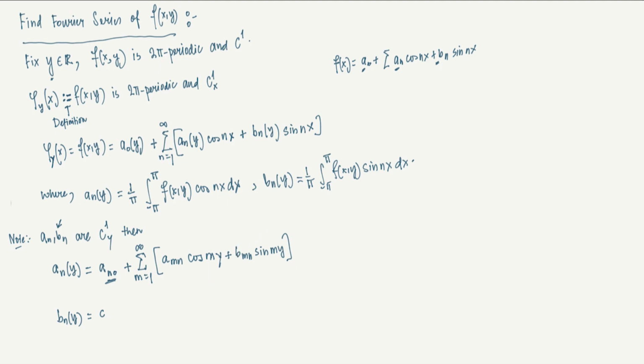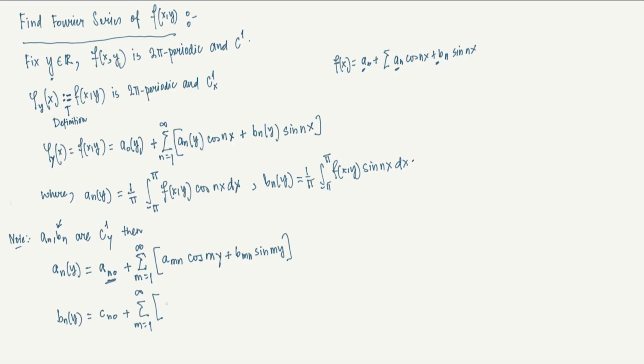Okay, so b_n(y) can be written as c_{n0} plus summation m equals 1 to infinity. Yeah, again, when you do this double Fourier series, I am telling you, be very vigilant, because there are two variables involved here.